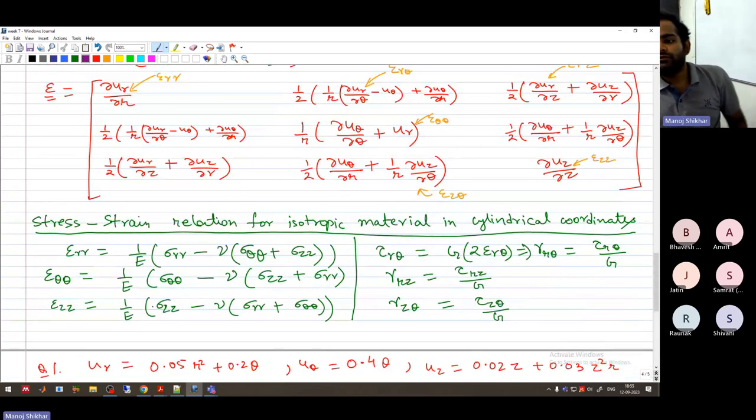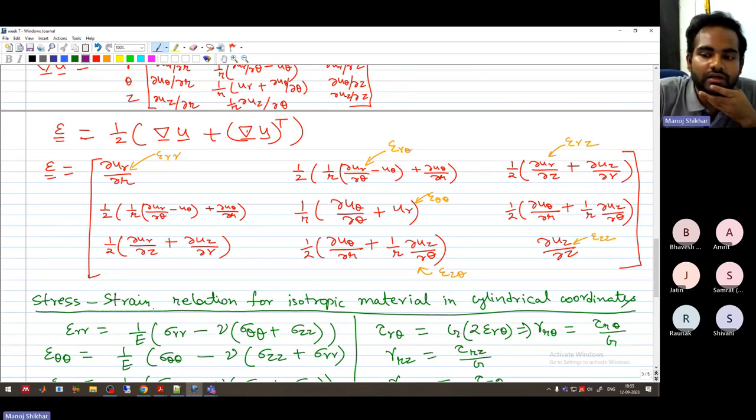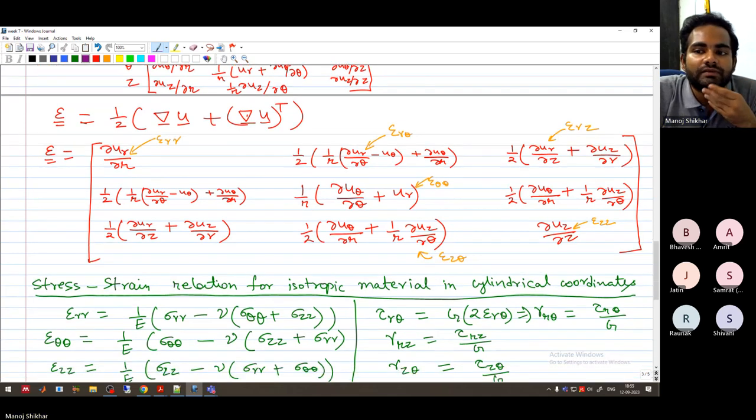Suppose they tell you to find the shear strain, like what is gamma r theta. Then you will have to multiply this epsilon r theta by 2. Remember to multiply this factor of 2. Otherwise you will get epsilon r theta. Epsilon r theta and gamma r theta are two different things.